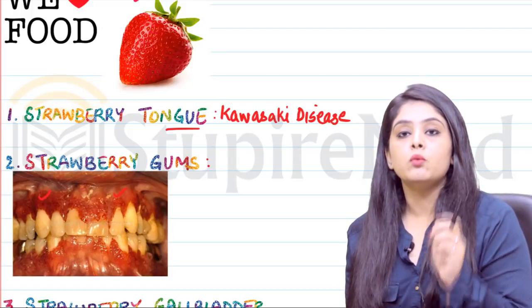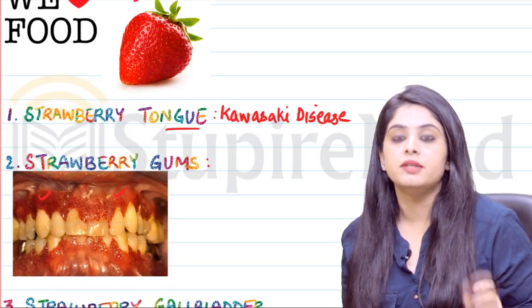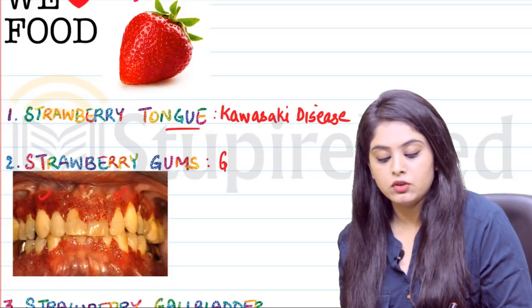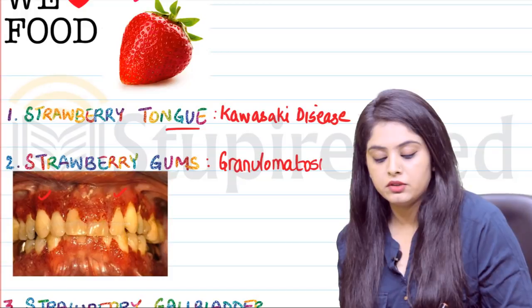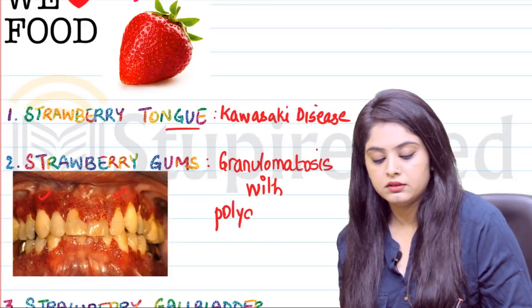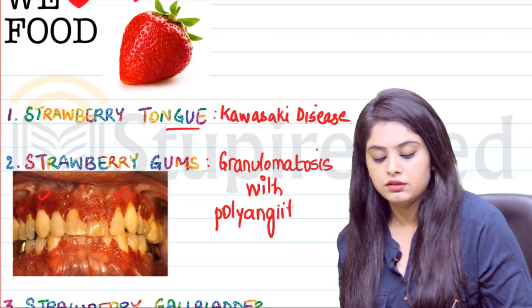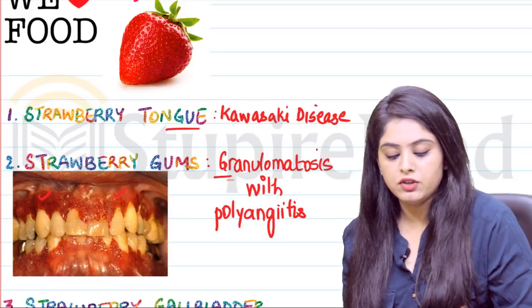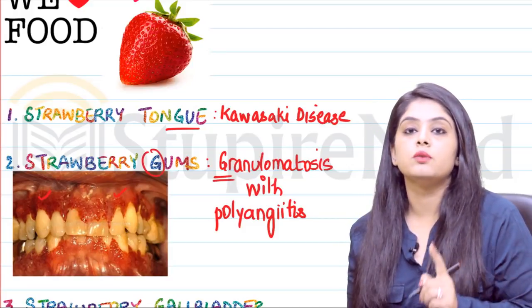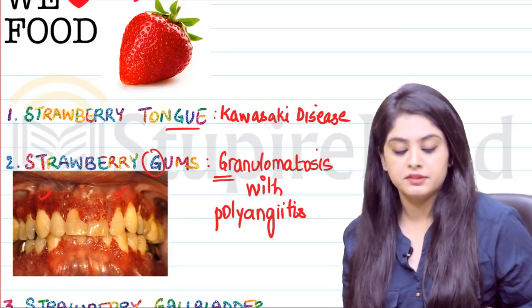But I want you to put in one more thing in your knowledge database today, that Wegener's granulomatosis is now given the name of granulomatosis with polyangiitis. So, granulomatosis with polyangiitis, G for granulomatosis, G for gums. It will show strawberry gums.